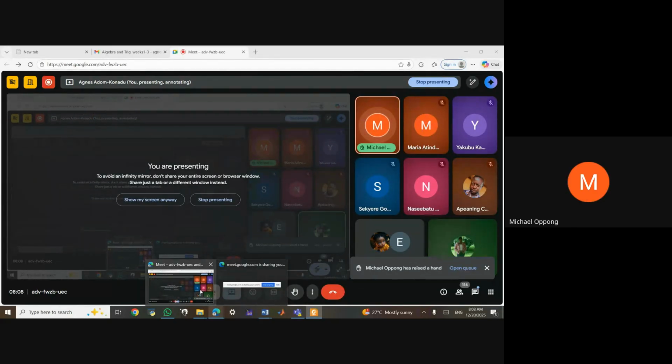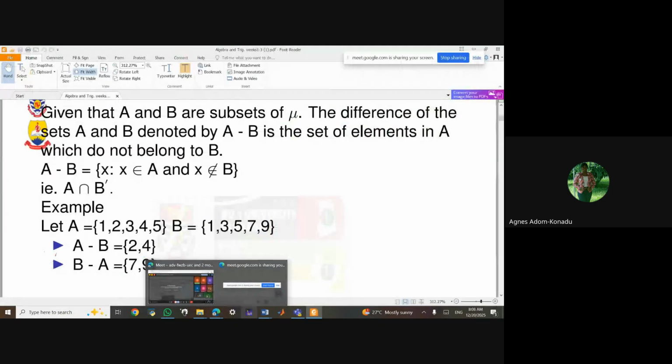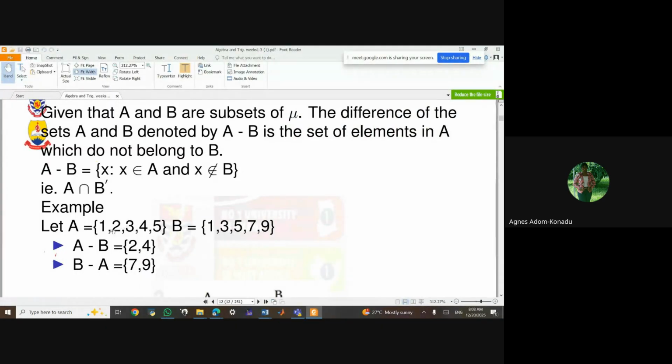Madam, does it mean always the two sets must be equivalent? No. They are not supposed to be equivalent, you are just looking at elements that are in A but not in B. So if I have two sets like this, 1, 2, 3, 4, 5 and 1, 2, 3, 4, 5, are they equivalent? I can even have this to be 1, 3, 5, 7 without the 9.